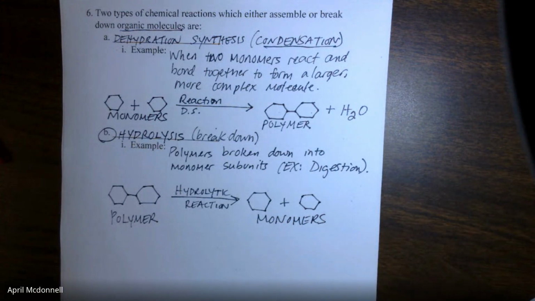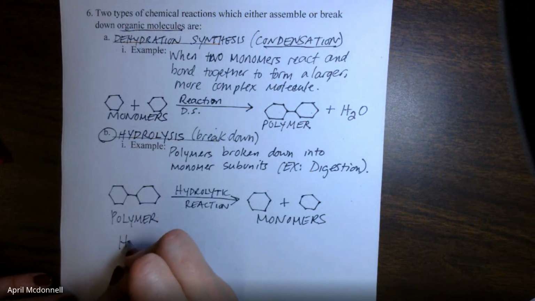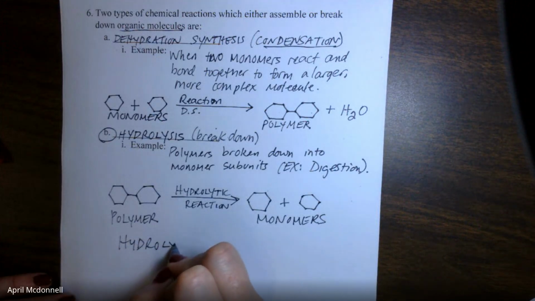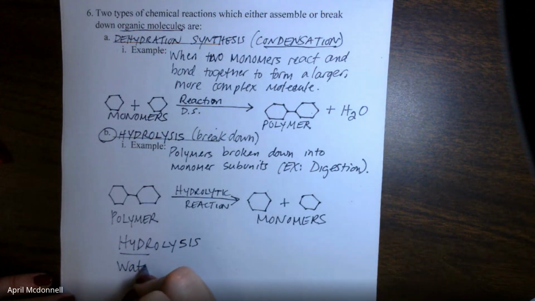This would make sense when you think about digestion. The goal of digestion is to break your foodstuffs down into the smallest parts possible so that your intestines can absorb it and pass it to your body for energy. The hydrolytic reaction is called hydrolysis because during the reaction, a water molecule is broken down.